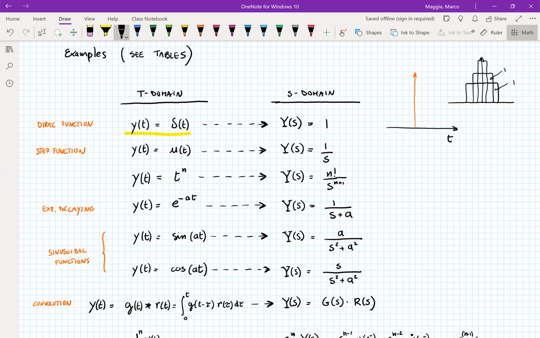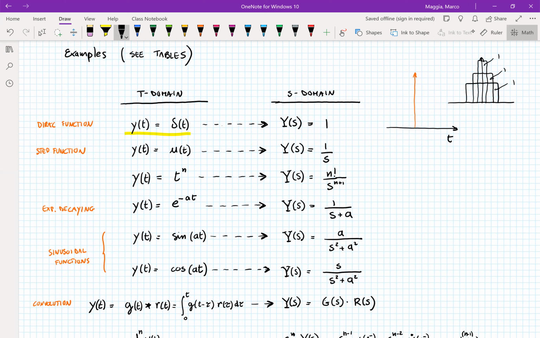And if you take a limit of that, the width goes to 0 and the height goes to infinity, but the area is still equal to 1. So this is an impulsive function.